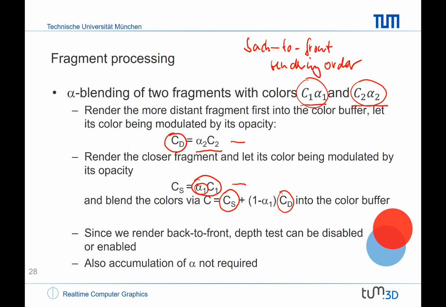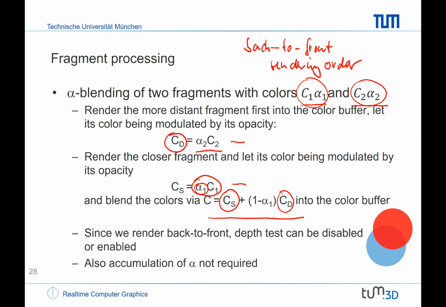If you have two objects, we would obtain exactly what we have here. First, we render the more distant object, leaving its effective color in the color buffer. Then we render the closer object, also computing its effective color, and then blend this color in the way we have shown here with the color already in the color buffer.